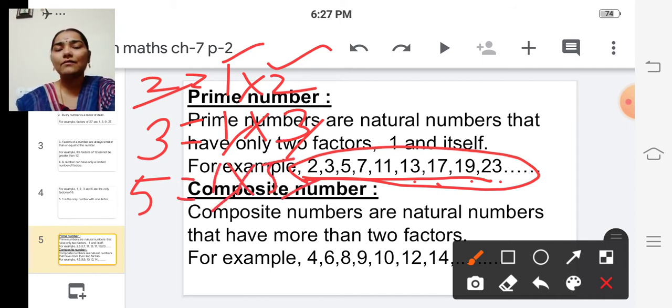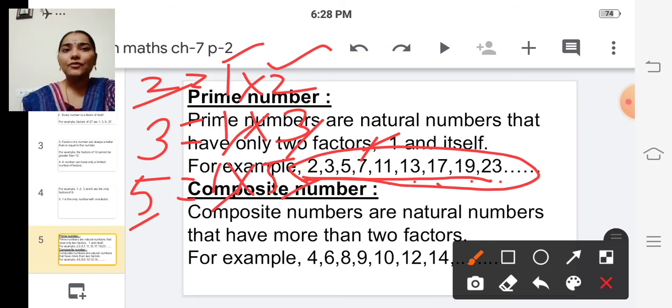So 1 and 5 are the only two factors of 5. Similarly for 7, 1 and 7 are the factors of 7, because 7 cannot be in other multiplication tables, isn't it? Only in the first table and the seventh table. So 1 and 7 are the only two factors of 7.